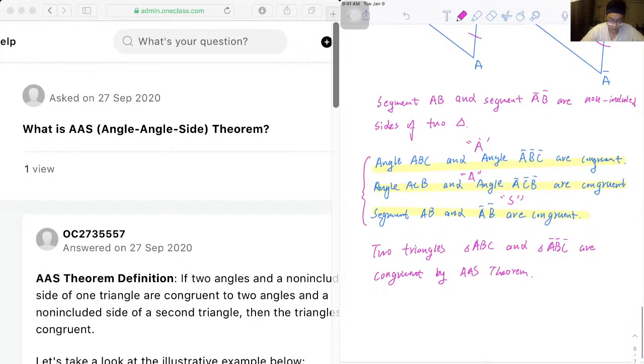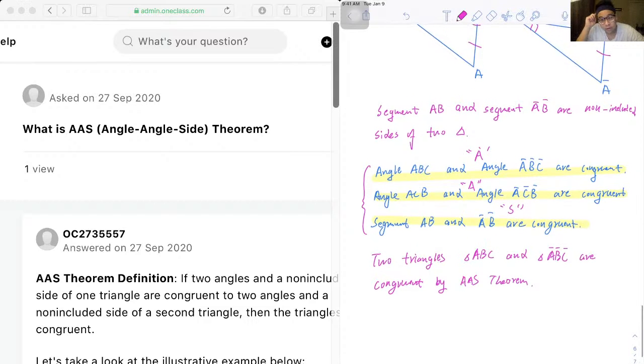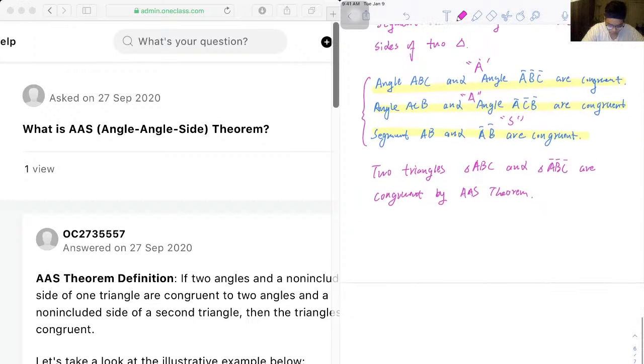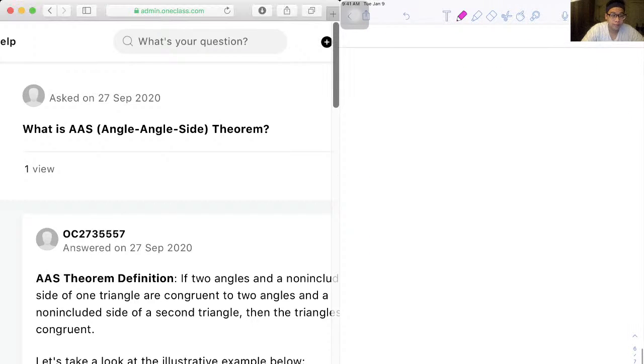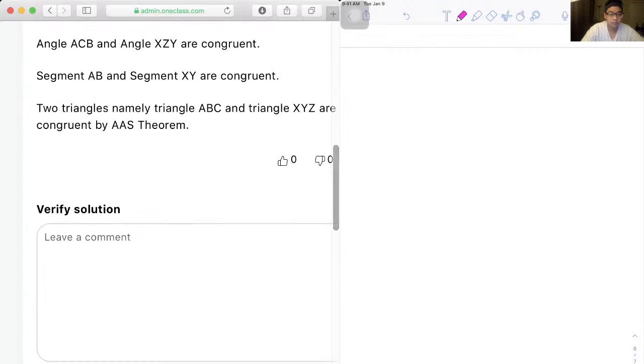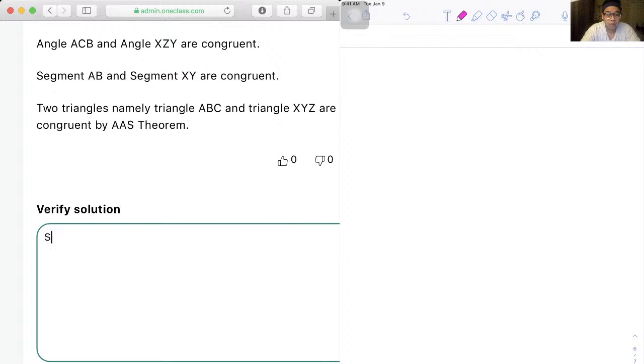So therefore, we have our AAS theorem. Okay, so I think that's all we got for this question. Let's leave a comment. Solution is correct.